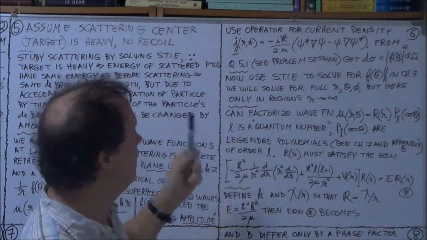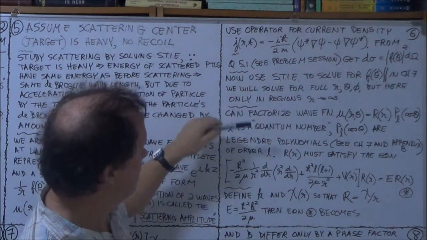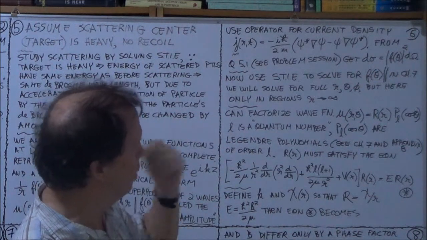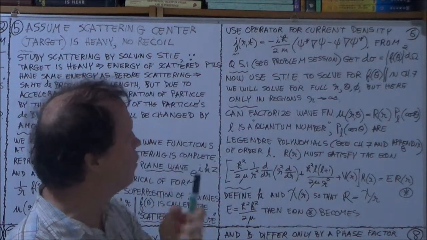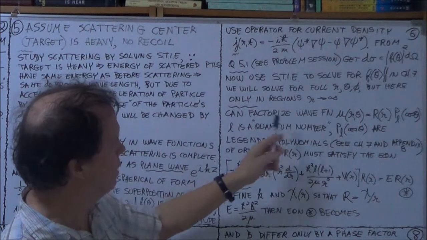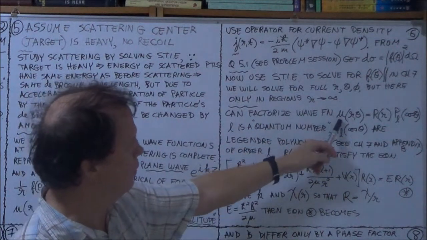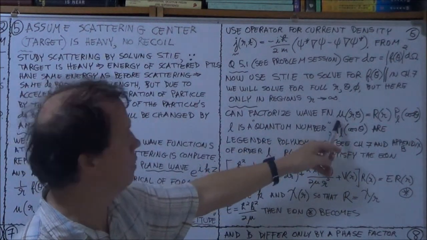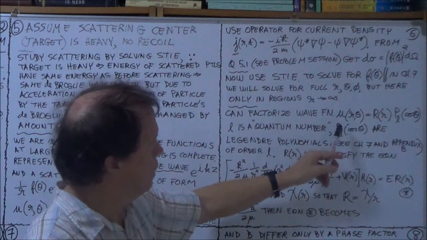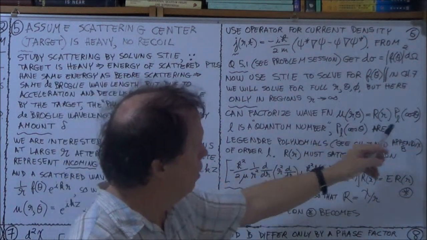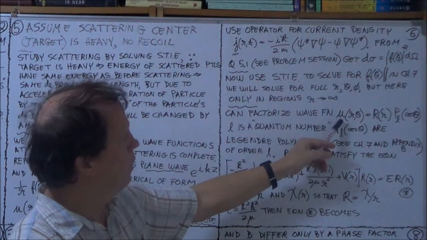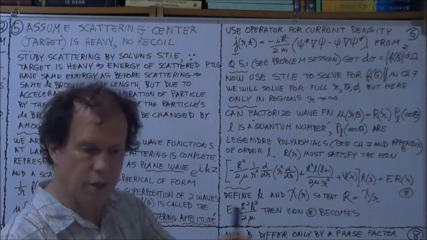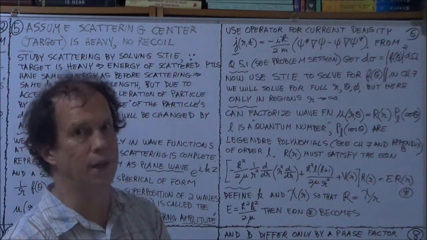Alright, now let's get down to the nitty-gritty of actually trying to start solving the Schrodinger equation. You take your wave function u, which will be a solution to your Schrodinger equation. We've done this sort of thing before, where we split up the wave function into a spatial part and a time part.